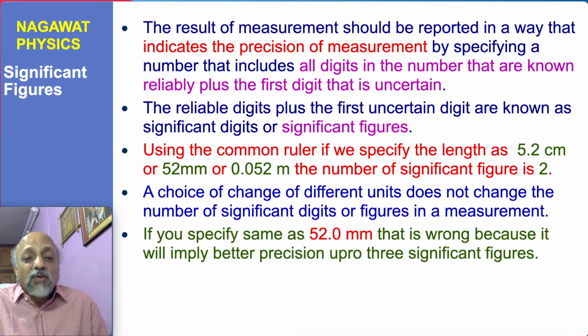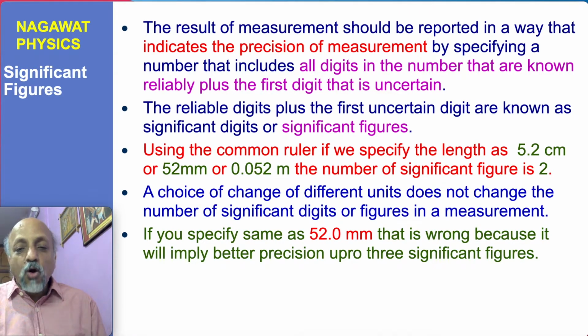But if you specify the same reading as 52.0 millimeter, then it means it involves 3 significant figures, and if the measurement does not involve 3 significant figures, this would be a wrong way of expressing the result.